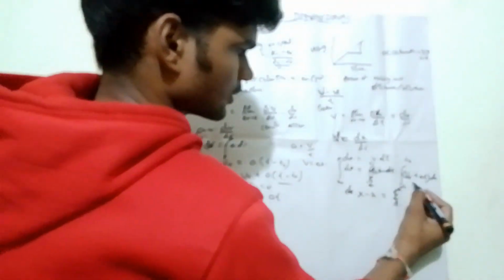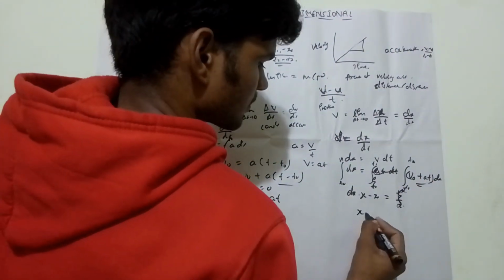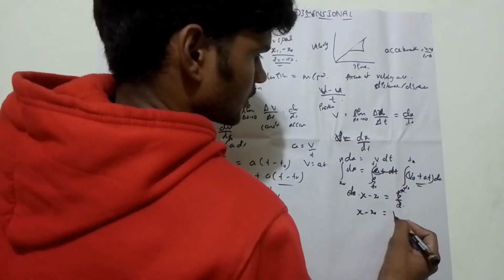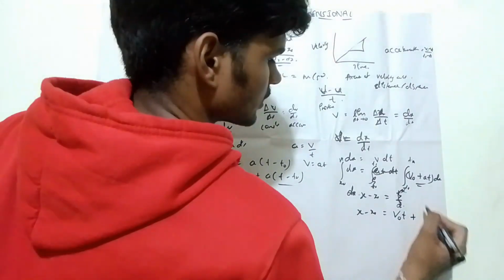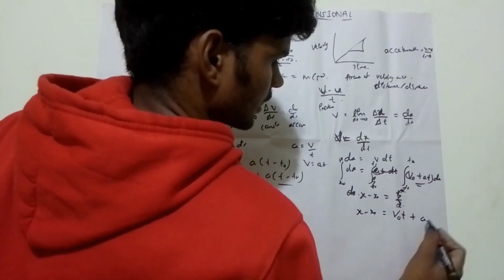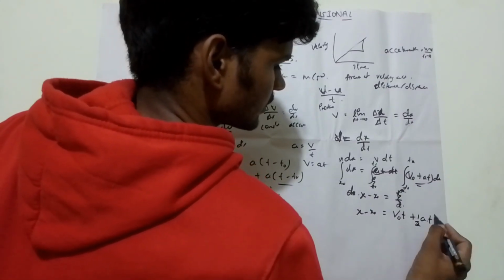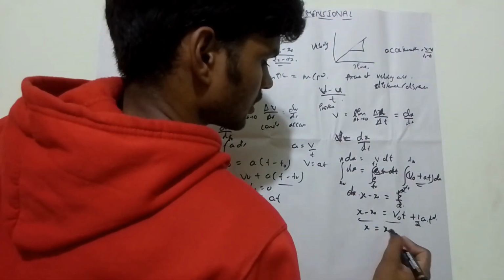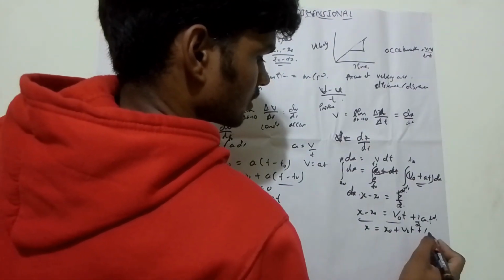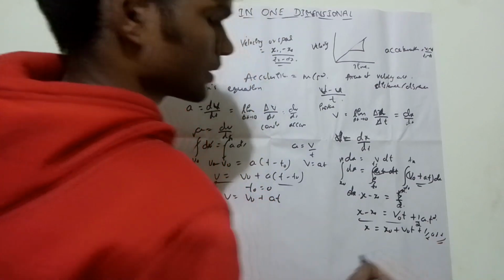We put that value in here. X minus x naught is equal to v naught t plus half a t square. This is the second equation.